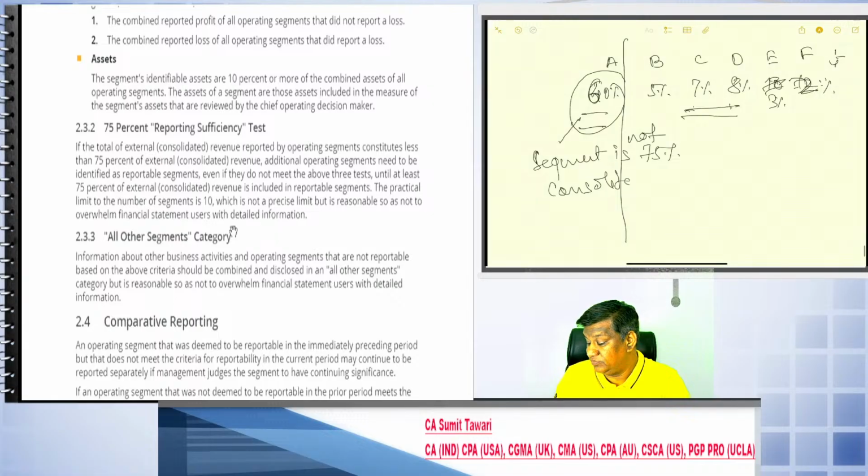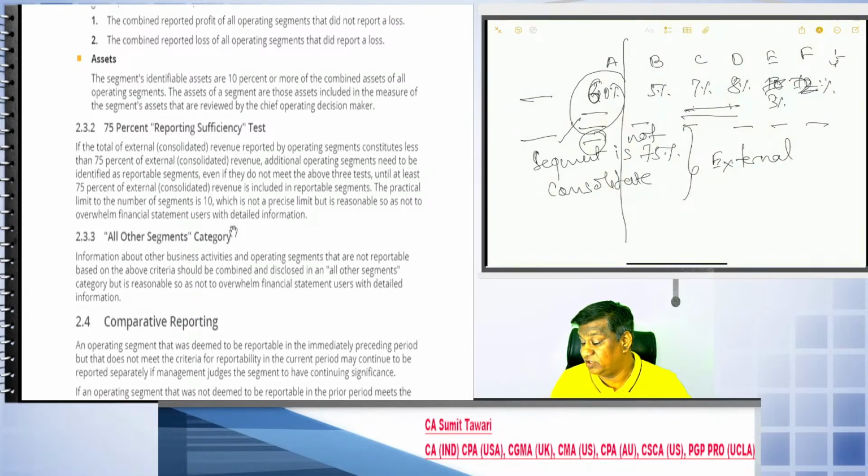Consolidated revenue. And this calculation we need to do on the basis of the external. What I did is, I considered the total revenue here, then I extracted the external revenue for all the departments. Then when I apply the total external revenue, I find the 75% is not covered.